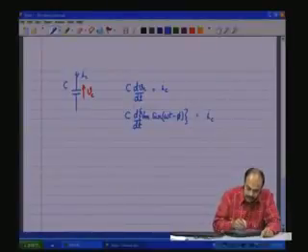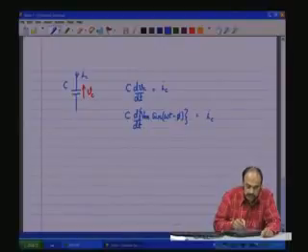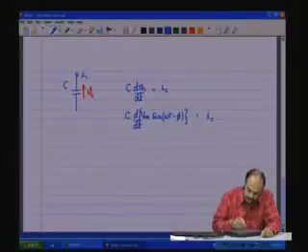So, when you differentiate Vm sin omega t, it is going to be Vm cos omega t minus phi with an omega term coming into the picture there.